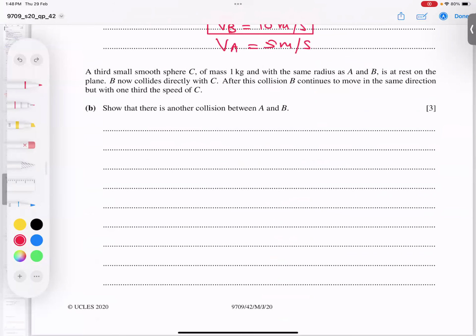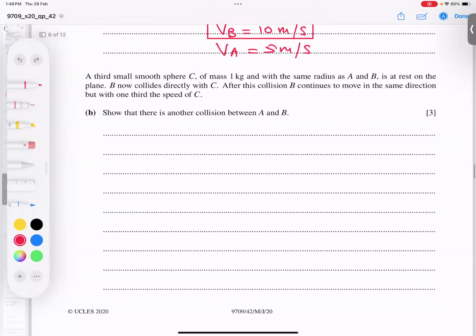A third small smooth sphere C of 1 kilogram, with the same radii as A and B, is at rest, and B collides with the C particle. After this collision, B continues to move in the same direction, but with 1/3 of the speed of C. So let's make the same situation again, one before collision and one after collision.